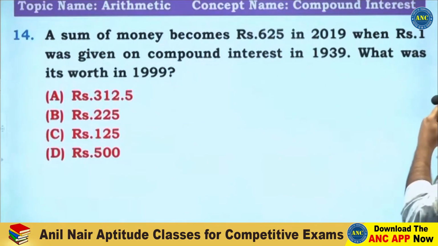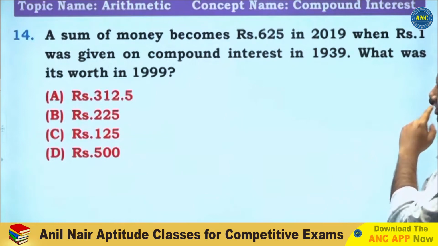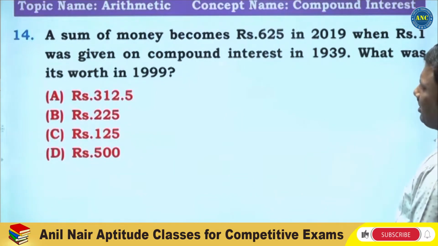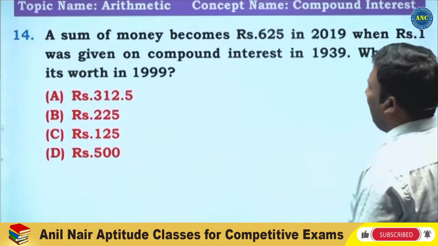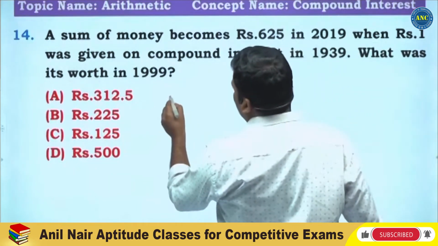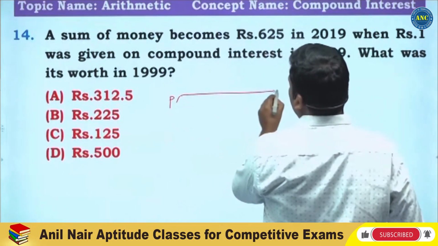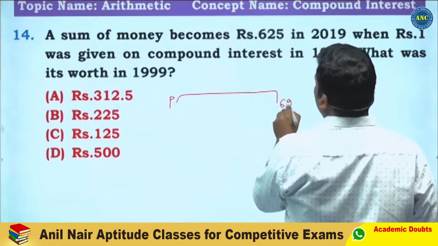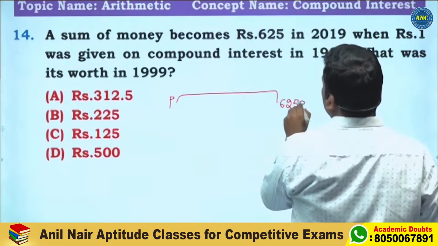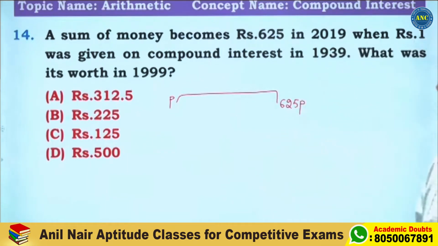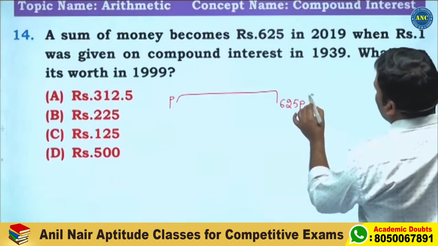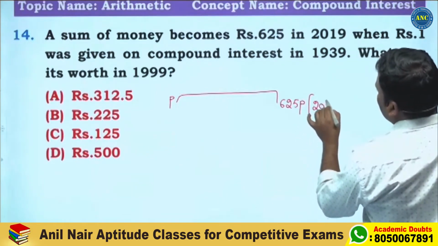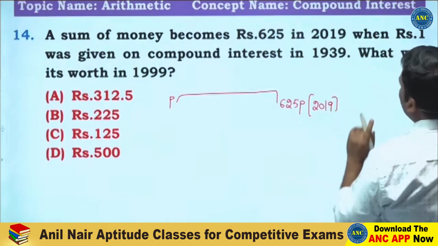This is a doubt asked by a student to me on WhatsApp some 8 months before. A certain sum of money, P, is becoming 625 times the principal in 2019, the final amount.